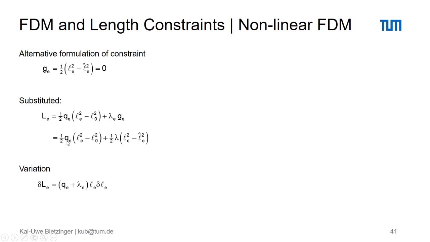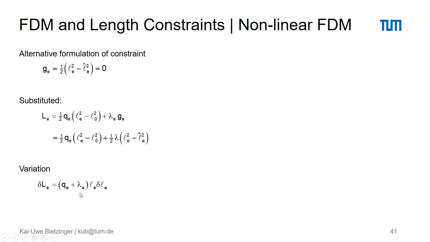If we take the variation of this expression, the constant terms, the L0 and the L hat, just disappear, and what remains is the same derivative here as there of the element length squared. Take the derivative, we have 2 times the length, which just cancels out against this 1/2, and we can rewrite that like here, this variation.